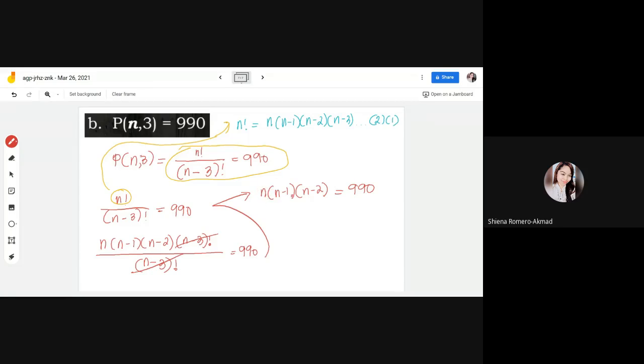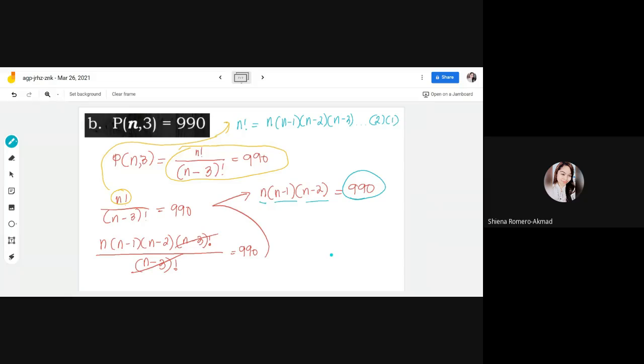What does n minus 1, n minus 2 mean? Remember, sa factorial, this means that they are consecutive. Magkakasunod sila na number. So, all you have to do is to think of a number na magkakasunod, tapos kapag minultiply natin sila, you'll get 990 as the answer.